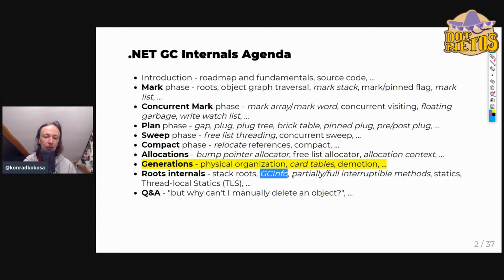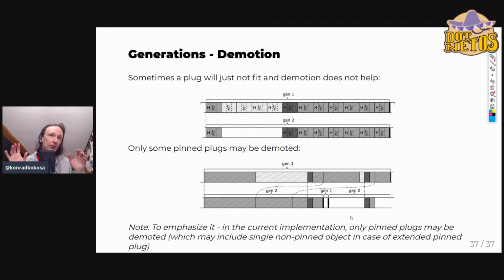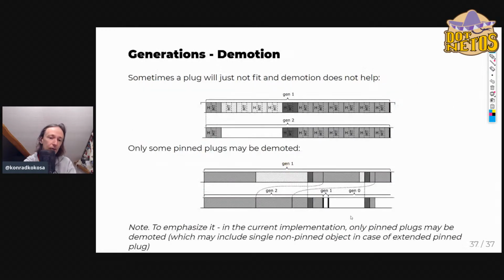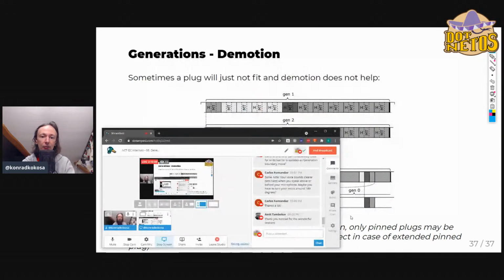A deep dive into interruptible methods, and also, for example, how statics or thread local statics are represented internally. So we have covered all the things about how the GC works. The only remaining part is the roots internals, to cover how the GC follows all the roots, because I only mentioned that they are roots and they are used in the mark phase. Next week I will describe how they are implemented.